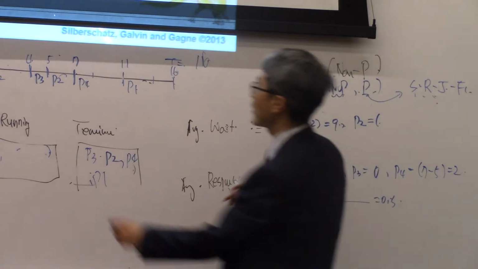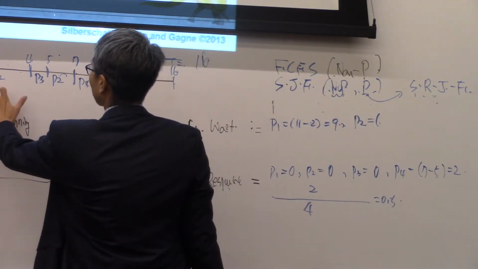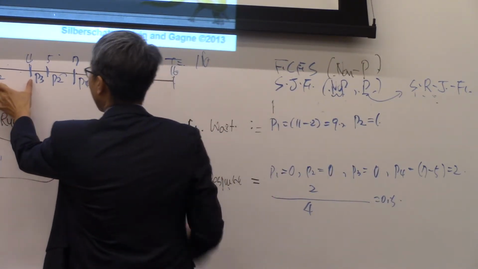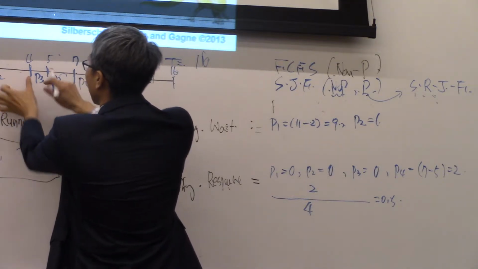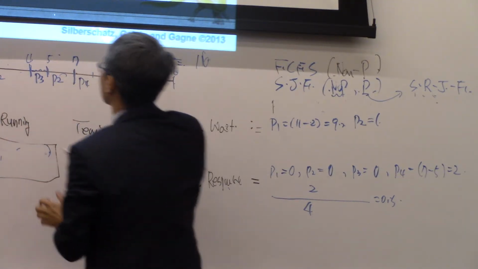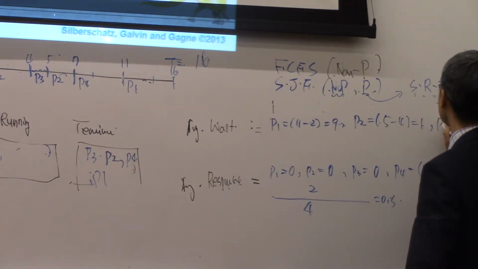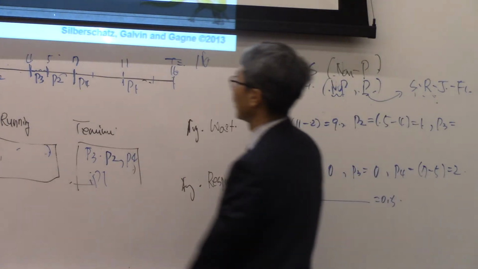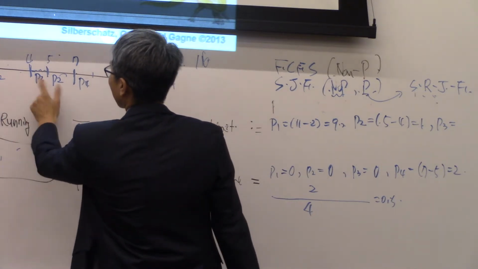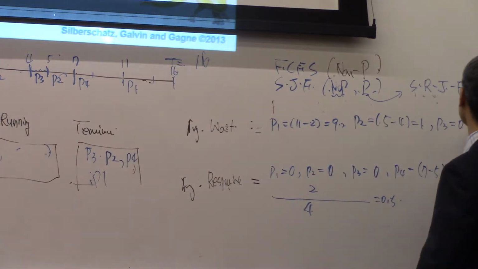P2 is selected right away, but between 4 and 5 it waits, so 5 minus 4 is 1. P3 is selected right away and terminated, no waiting time.